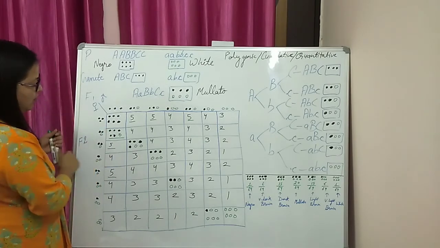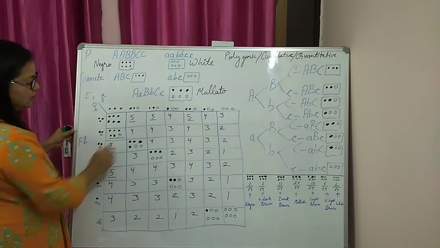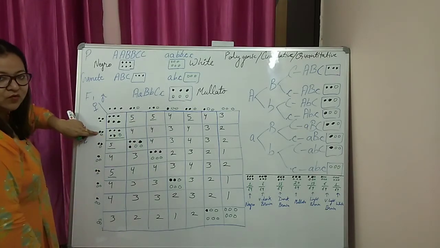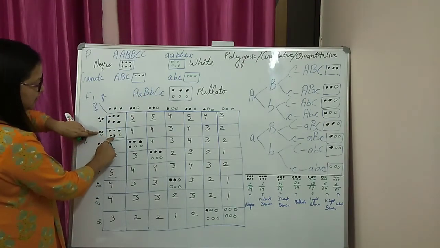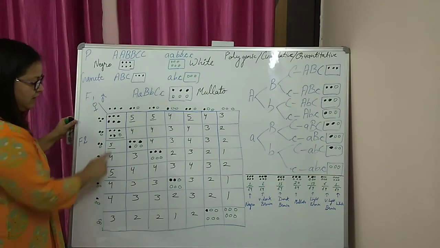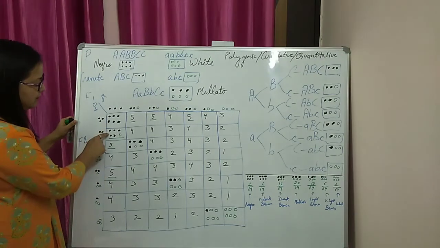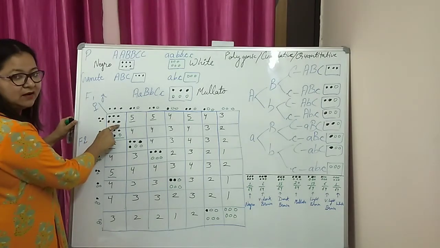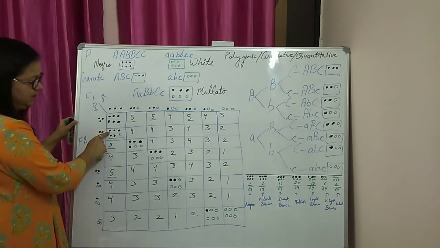Okay, now we can combine all these alleles. In the next column I have drawn 2 capital alphabets from this side, 3 from this side. I total drawn here 5, and 1 is a recessive allele. So definitely this color will be less than the darkest one. This will be a light brown color.